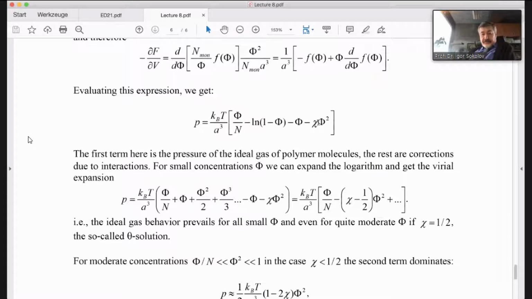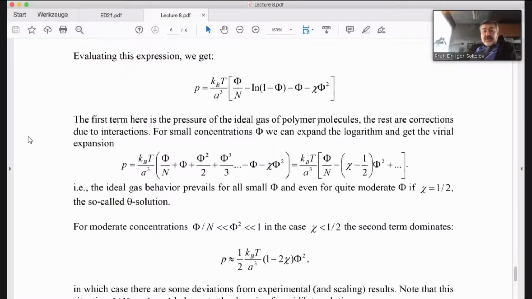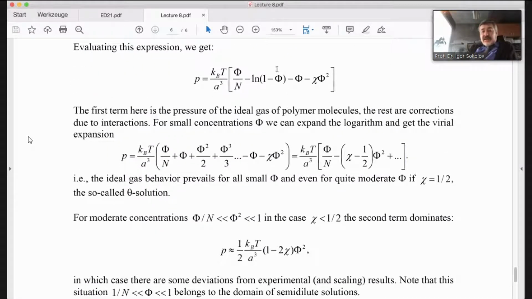Wonderful. Now I do the true virial expansion in that I consider what happens if I expand the logarithm in series. So log of 1 minus phi is minus phi, minus phi squared over 2, minus phi cubed over 3, and there is of course phi to the power of 4. Now they are not very interesting for me. There are cases when they play a role, but they're not interesting.